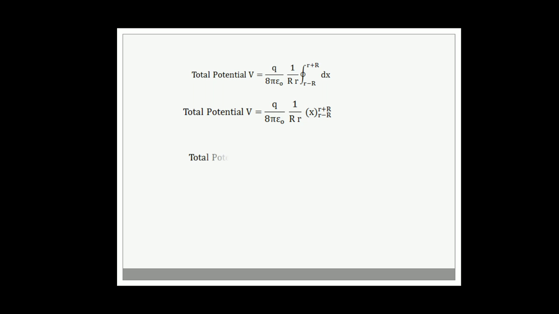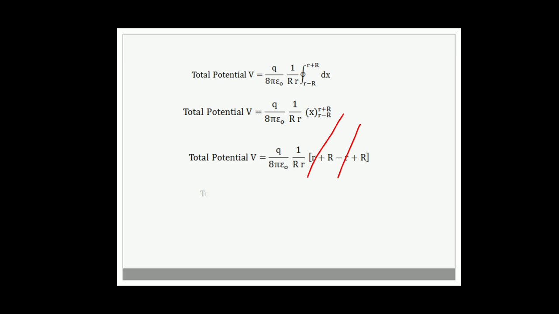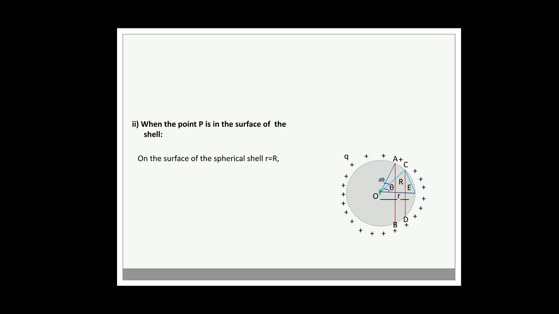When we substitute the limits, r plus R minus r plus R, where small r and small r cancel each other. So capital R plus capital R is 2R, and capital R and capital R cancel each other, so that the potential due to the spherical shell at outside of the spherical shell, V is equal to 1 by 4 pi epsilon naught into Q by r.